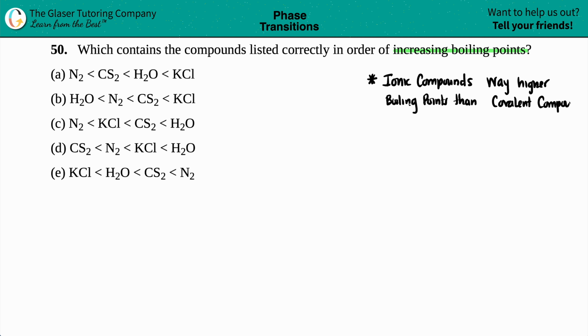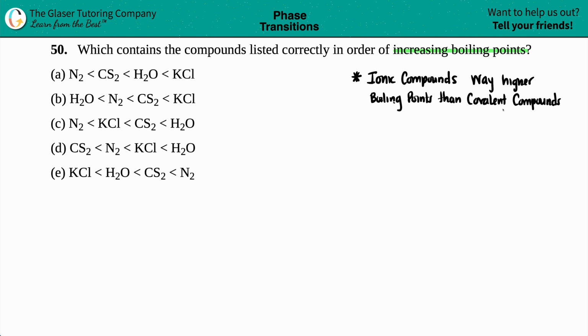So the idea here is that the ionic compounds should have the highest boiling points. And remember, a boiling point is the temperature at which a liquid will turn into its gas.